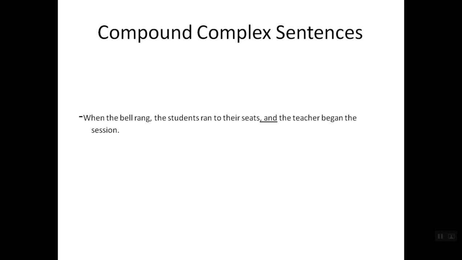But we have a dependent clause, which is when the bell rang. So we have one dependent and two independent. So what do we call this? We call it a compound complex sentence.